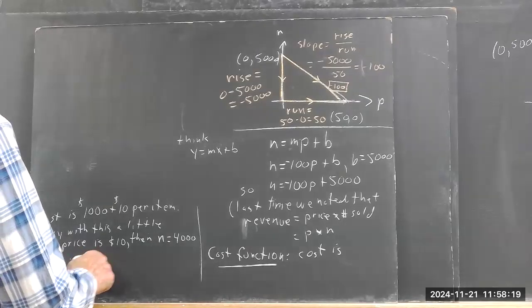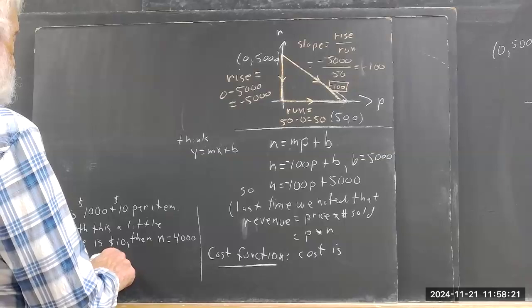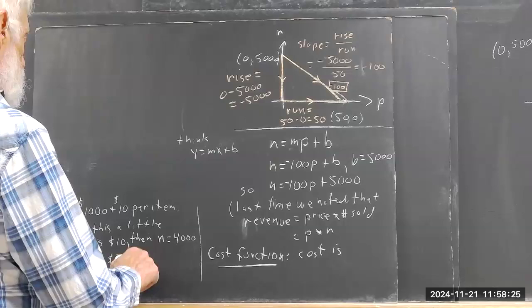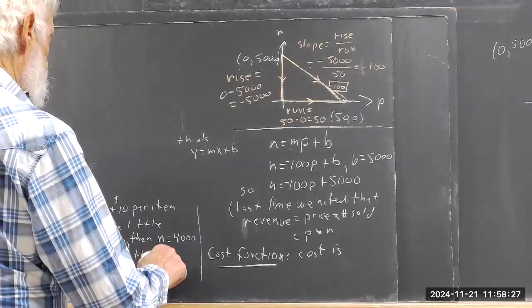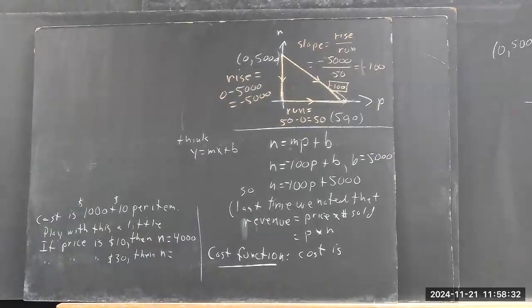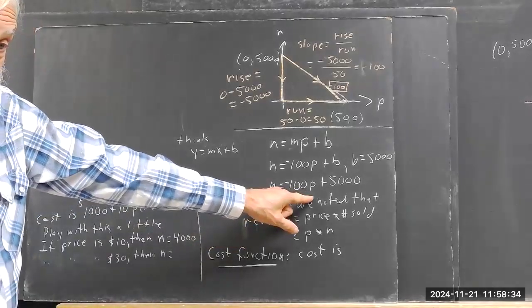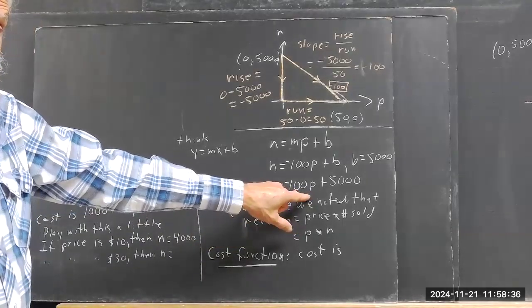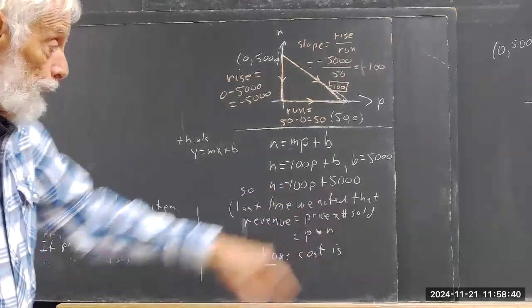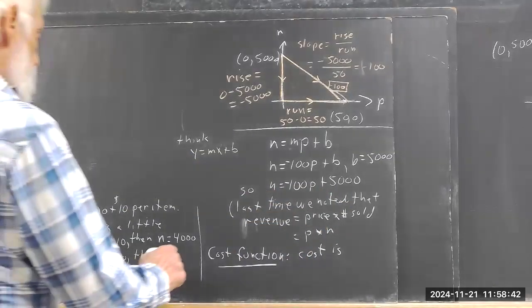If the price is $30, then what does that equal? Well, we'll put 30 in for P. Negative 100 times 30 is negative 3,000. Add that to 5,000, we get 2,000.